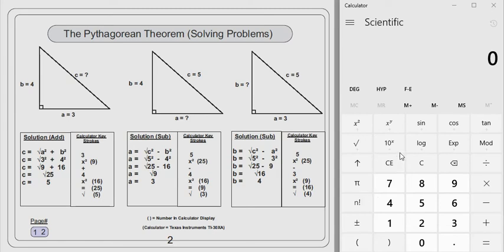So I can demonstrate that over here on this calculator. I can put in a 3 squared plus 4 squared.